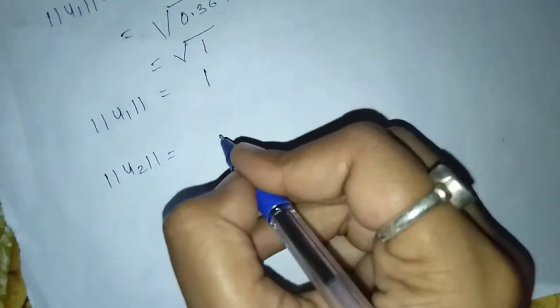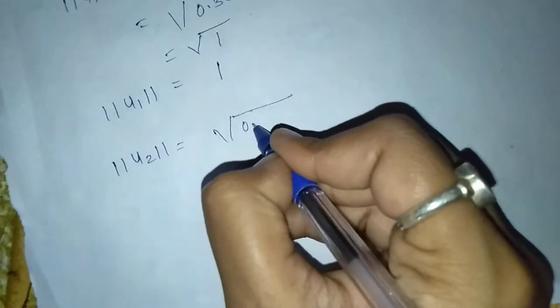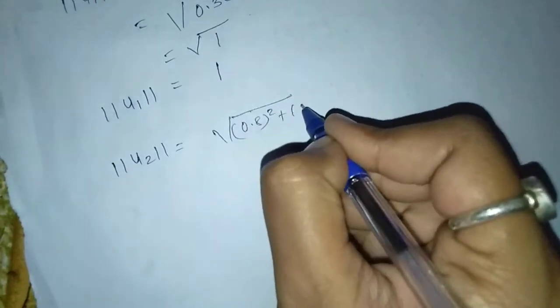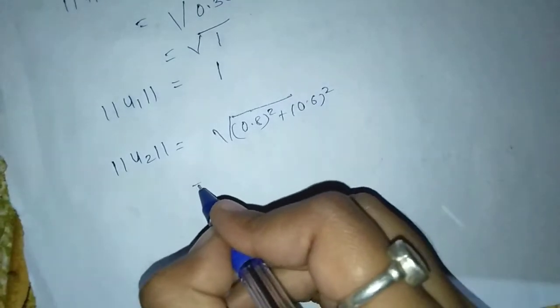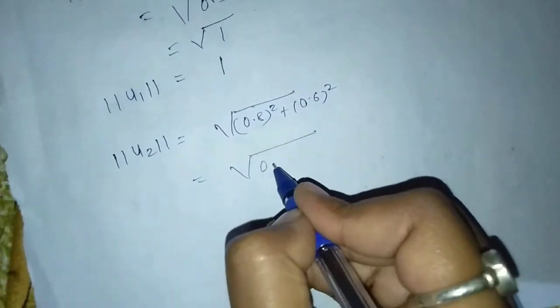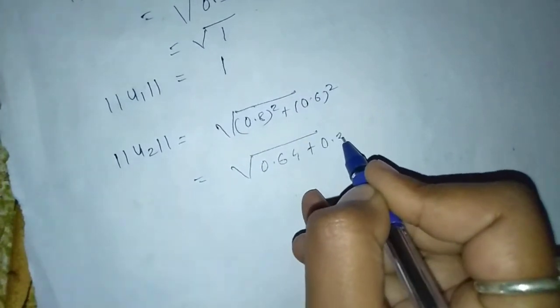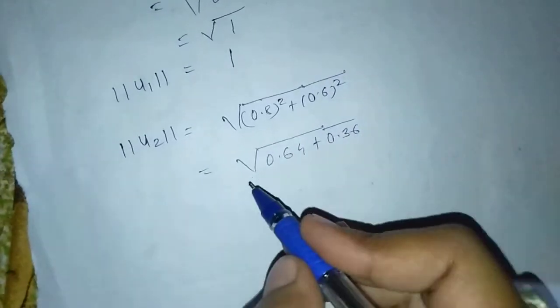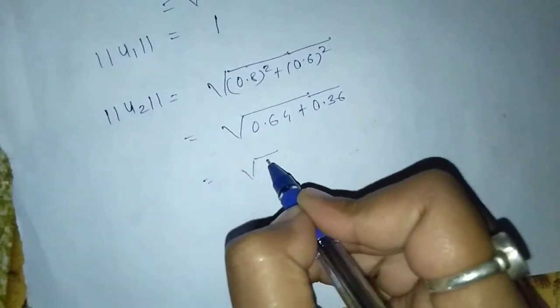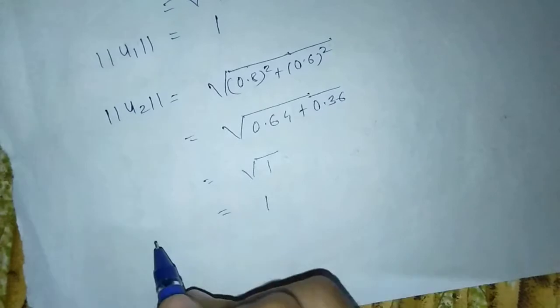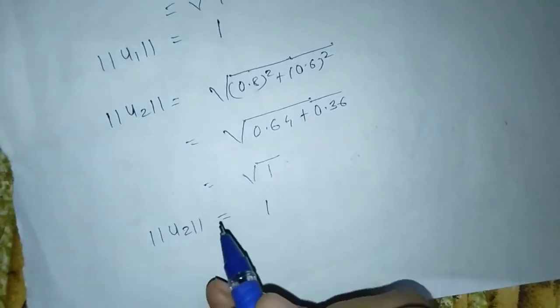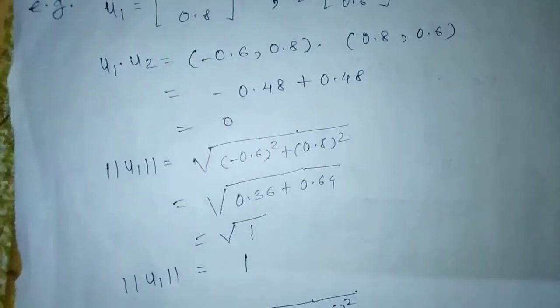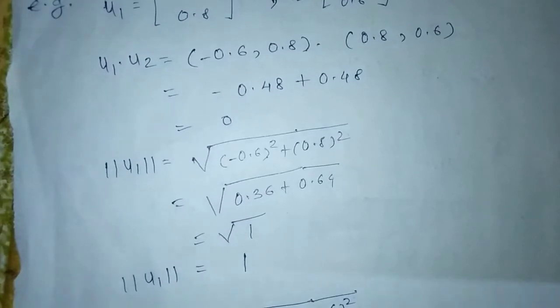Now next calculate the norm of u2, which is equal to under root 0.8 square plus 0.6 square is equal to under root 0.64 plus 0.36 is equal to under root 1 is equal to 1. So norm of u2 is equal to 1. So here we get the set u1, u2 is an orthogonal set.